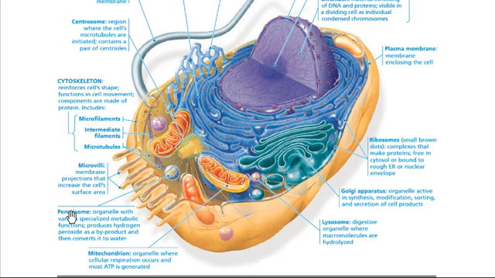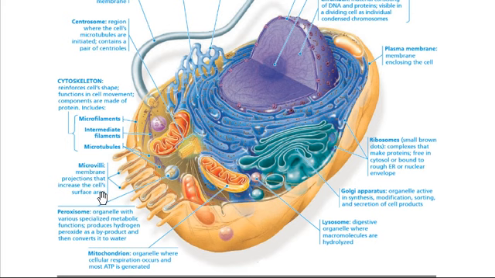Then we have peroxisomes, and these are organelles with various specialized metabolic functions. Initially, when we were discussing different organelles, we skipped this organelle, but here we will discuss it in the subsequent lectures. Then we have microvilli.